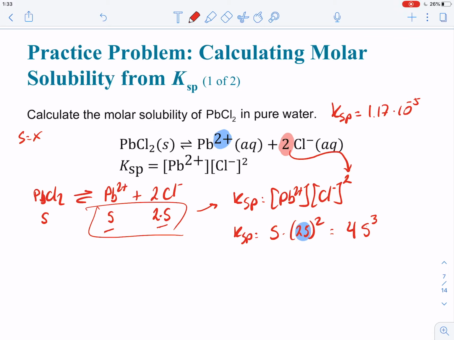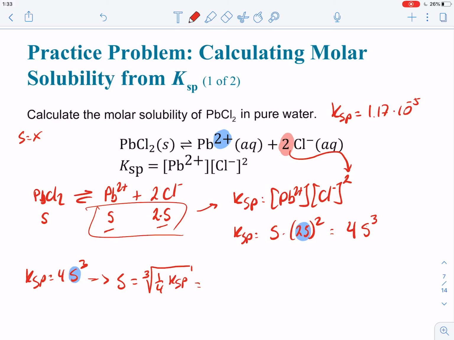So that means Ksp equals 4S cubed. If we rearrange this and solve for S, remember we are solving here for S, then S is equal to the cubic root of 1/4 Ksp.